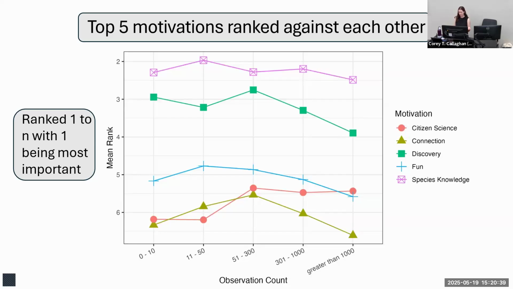And what we're seeing is that for all observation count groups, species knowledge was marked as the most important of the important motivators, above every other motivation. And then ecosystem discovery was also marked very highly above the rest of the motivators, but below species knowledge. So this is kind of hammering home the importance of those 2 motivations.